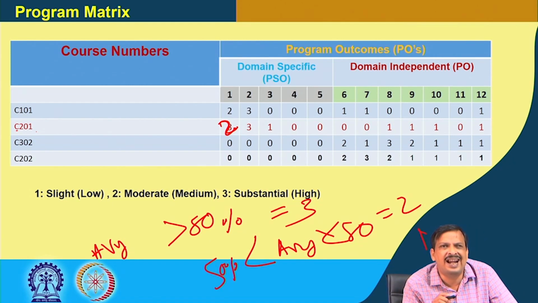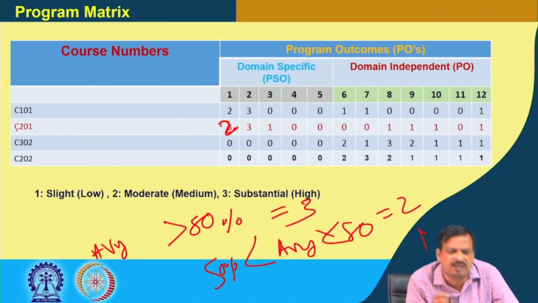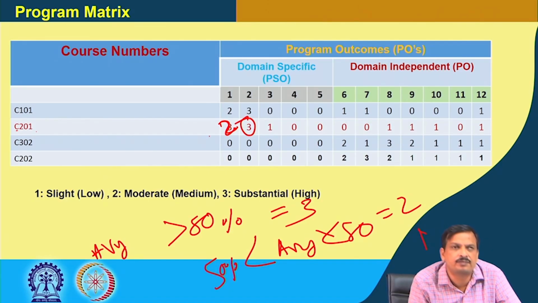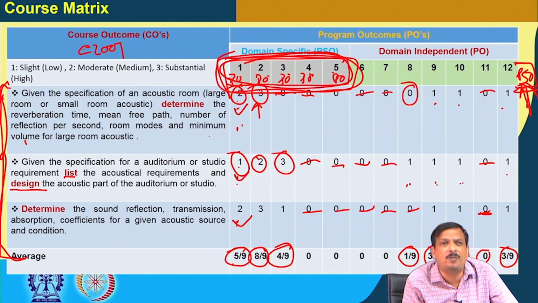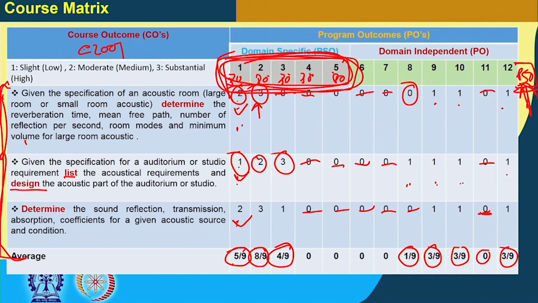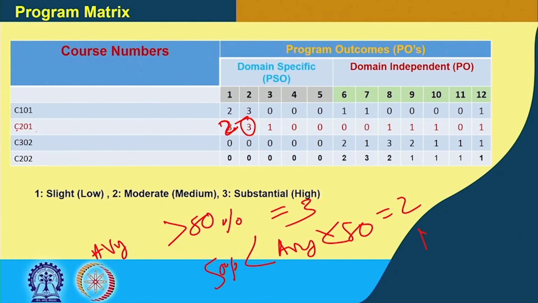Then 8 by 9, above 80%, I put 3. Then 4 by 9, below 50%, I will put 1.